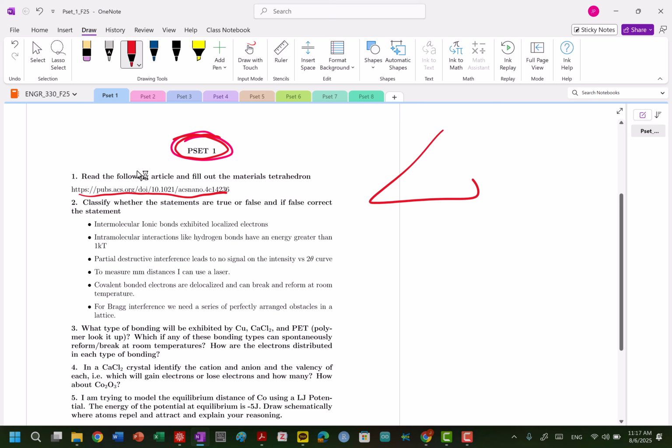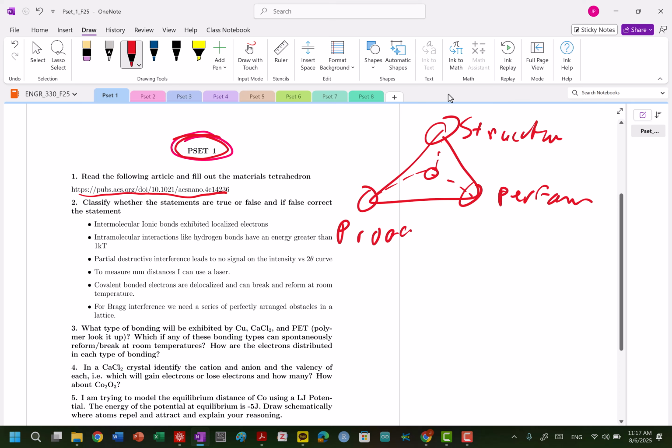In the materials tetrahedron, we have certain corners and points of our tetrahedron. So we know we have structure, we have performance, we have properties, and we have processing, in some shape or form at each corner of the tetrahedron.